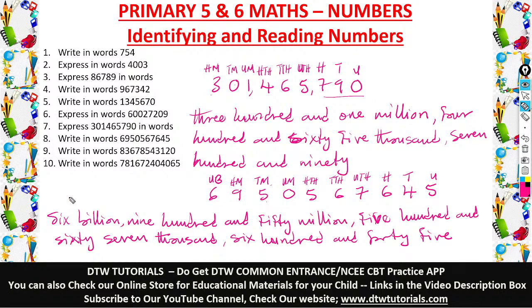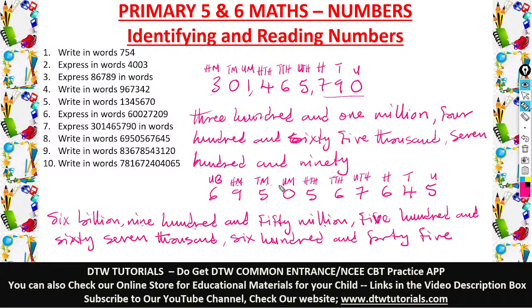6 billion is in units, so it will just take 6. It's not in hundred or thousand. All right. So 6 billion. The next one is 950 million.